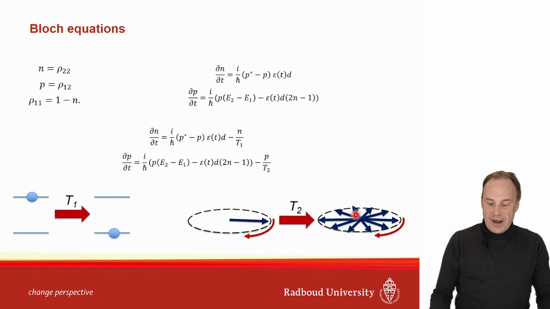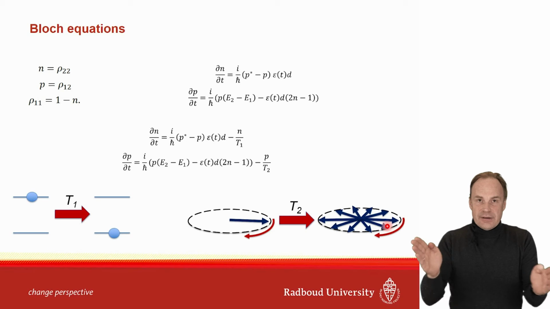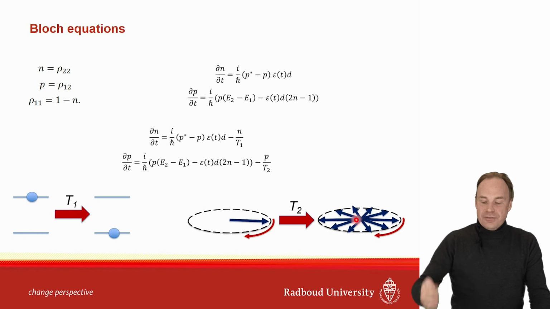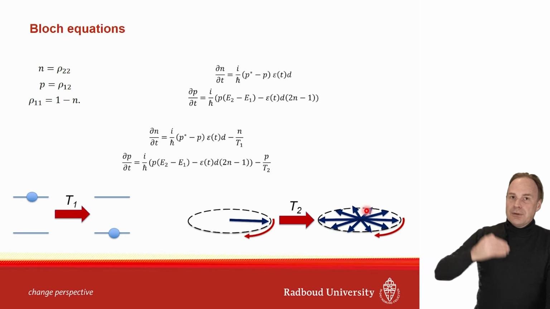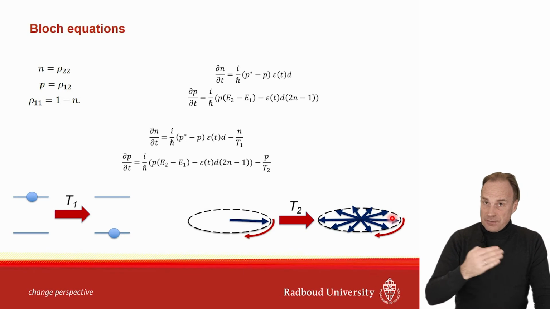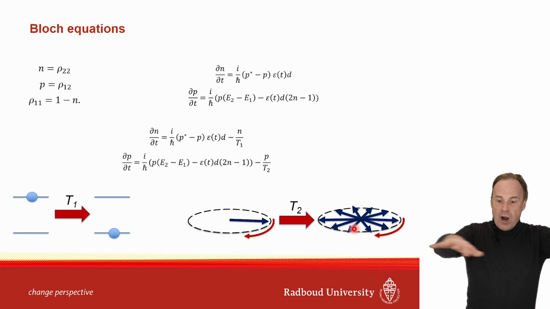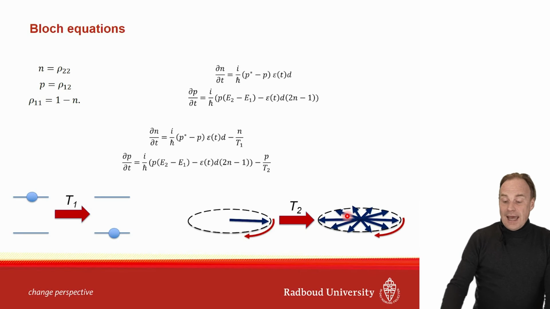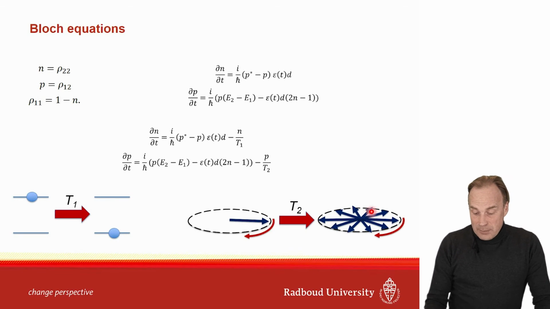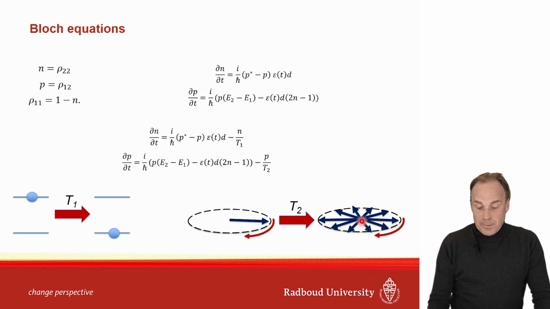If you wait long enough, each of these two-level systems will acquire its own phase, and after a certain moment, vectors which describe wave functions of each of these two-level systems will be pointing randomly somewhere in the plane here in the middle of the Bloch sphere, and it means that if you calculate now the polarization of this state, it would be 0. So it's exactly what I want to describe with this term.